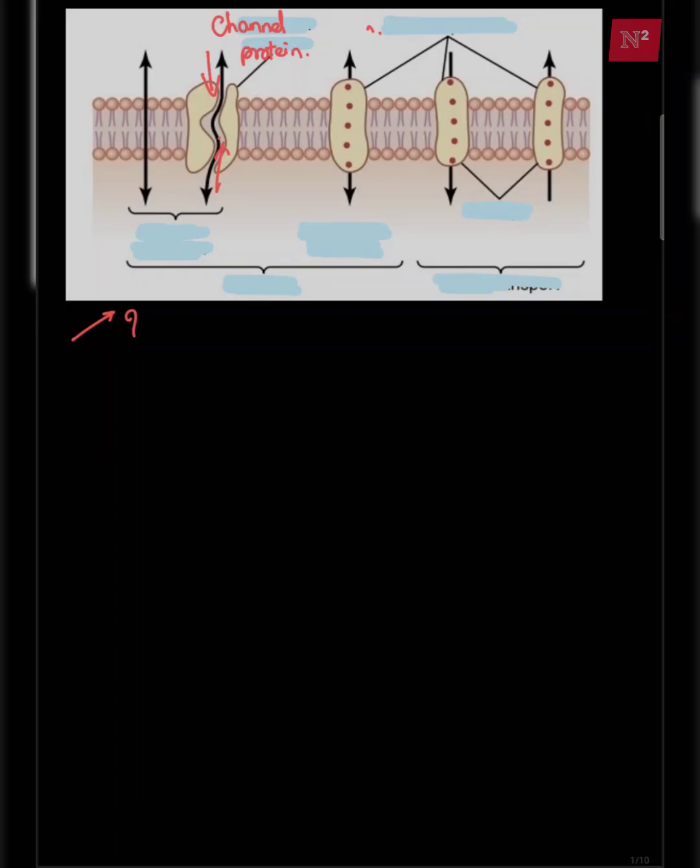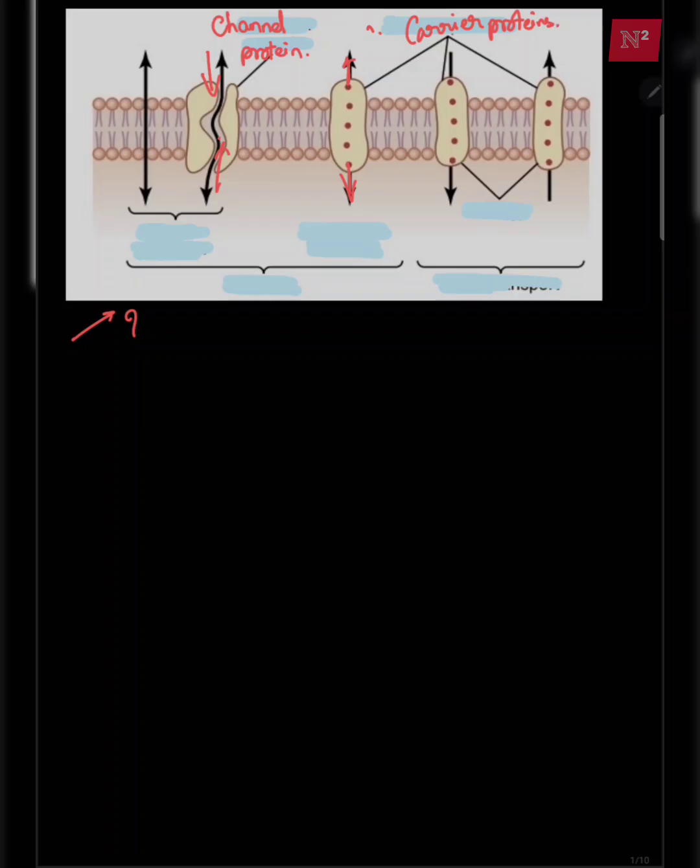There are other transmembrane proteins which also transport substances from inside to outside or outside to inside. But in this case they are usually interacting with the transported molecules. Those are called carrier proteins.